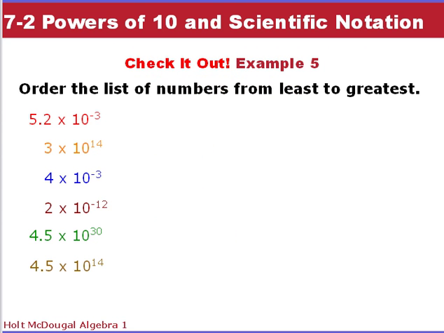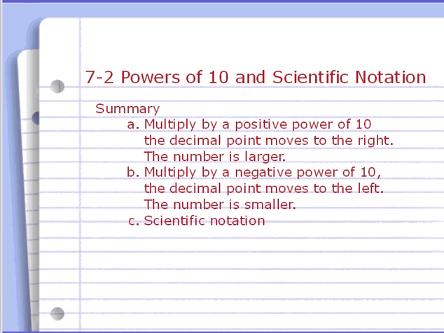Now it's your turn to order them from least to greatest. Again, positive exponents are going to be larger than the negative ones. If the exponents are the same, look at the numbers out in front. To summarize, multiplying by a positive power of 10, you're moving the decimal to the right, and the number is getting larger. Multiplying by a negative power of 10, your number is smaller than what you started with.